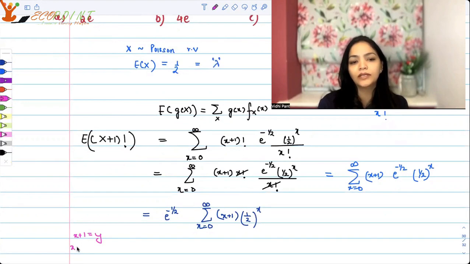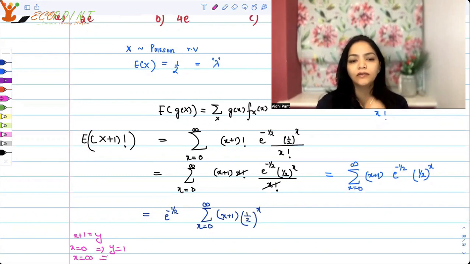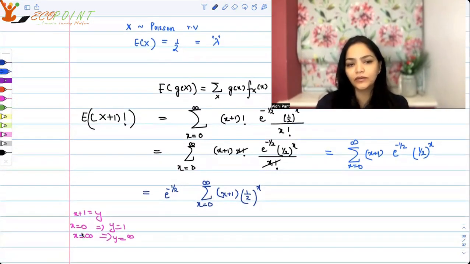So when x is 0, y is 1. When x tends to infinity, y also tends to infinity. It's never equal to infinity; it's just an expression to understand that it's moving towards infinity.